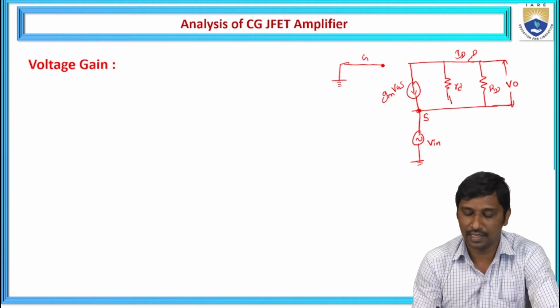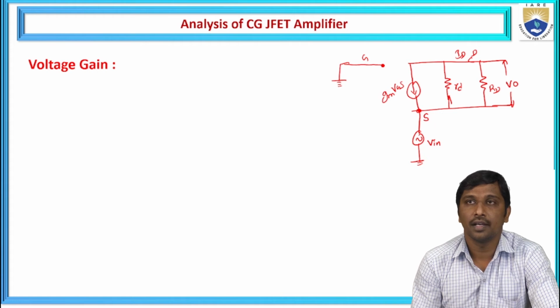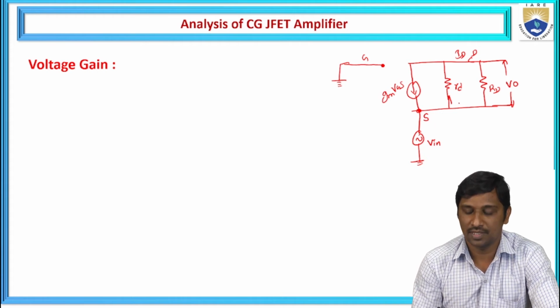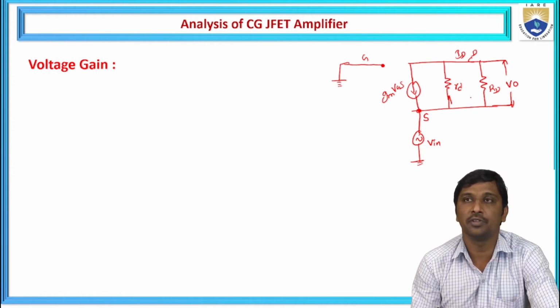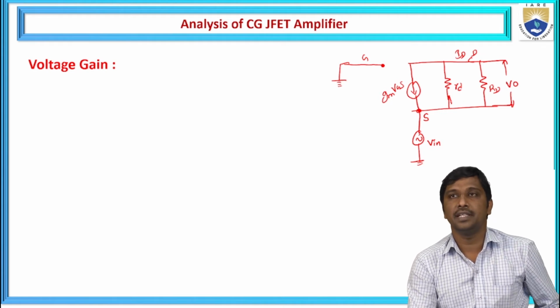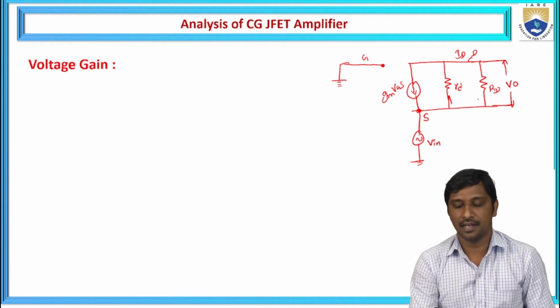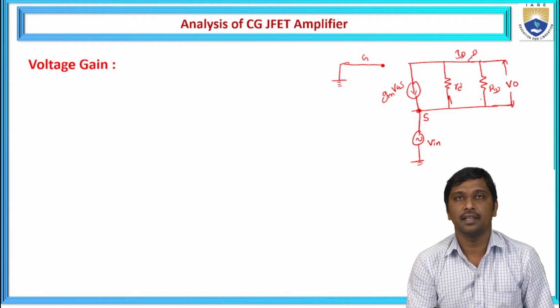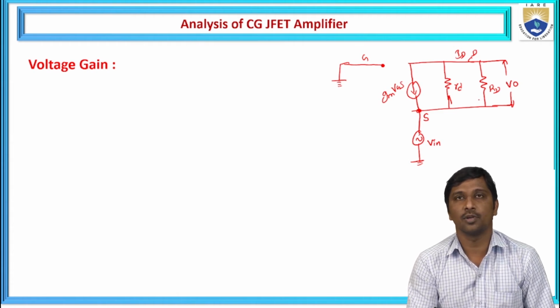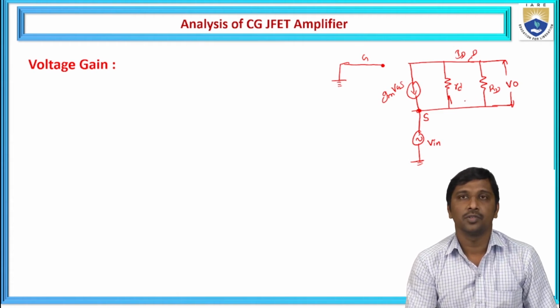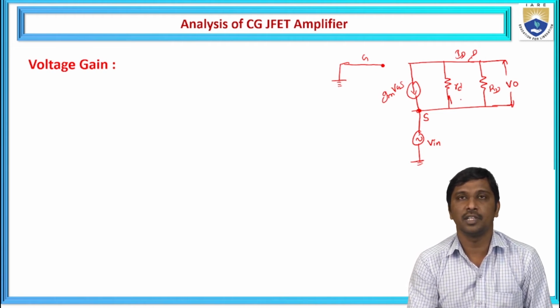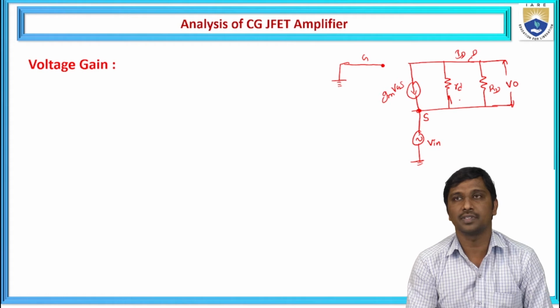And before this, from the circuit representation, we have two impedances. One is the internal drain resistance, another one is the external output resistance or load resistance. Whatever conduction takes place in a JFET, we need to allow it into the output side.